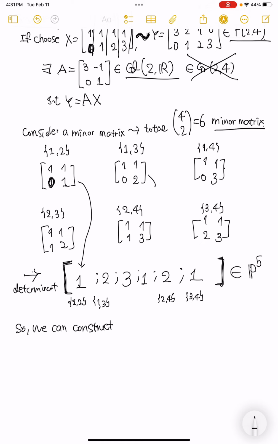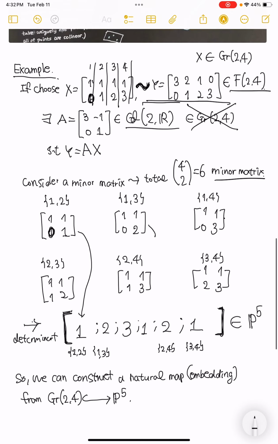This process means that we can construct a natural map, or natural embedding, from the Grassmannian to P5. What about Y?